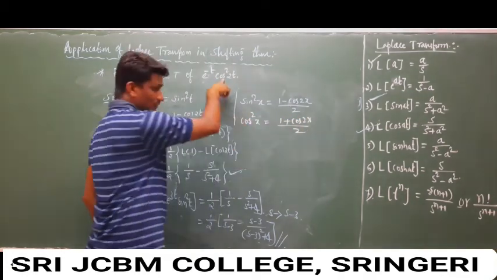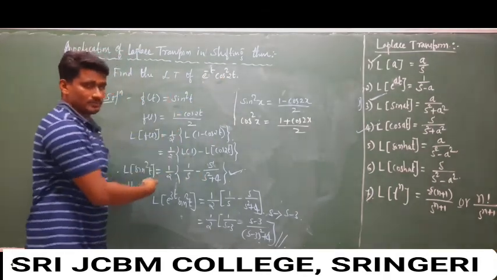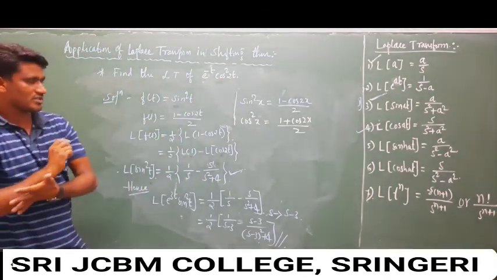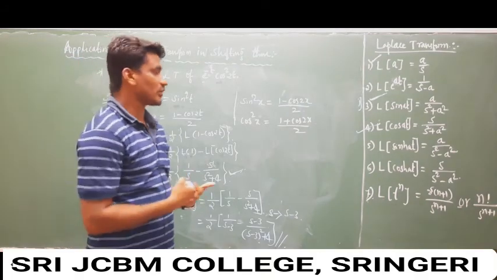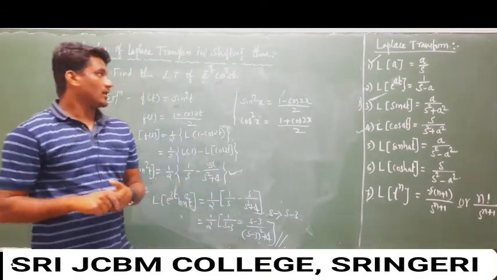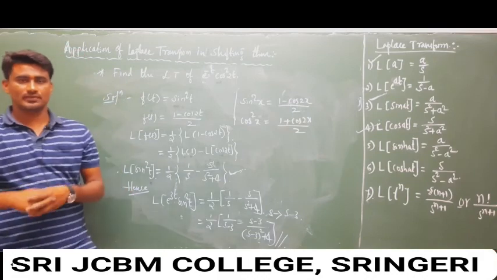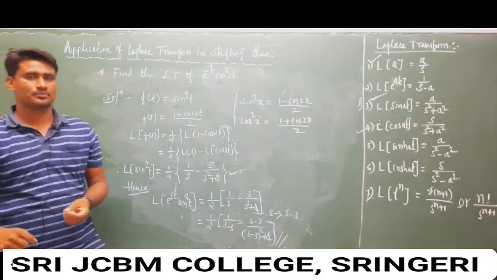So apply this formula here, go through the same procedure, and definitely you get the solution. In the next video we will discuss some more examples and applications of Laplace transform with the help of the first and second shifting theorem. So thank you.